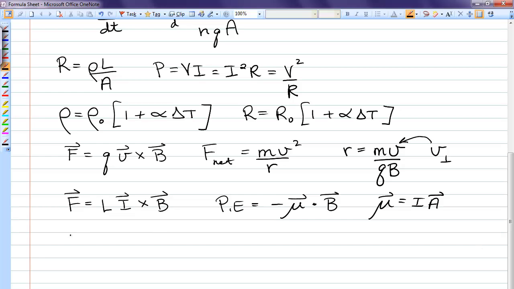Also, the torque on a current loop in a magnetic field is mu cross B. N is the number of turns of wire in the loop, mu is the magnetic moment of the loop, and B is the magnetic field. And that's, of course, what makes current loops rotate in magnetic fields. I think that's pretty well it.